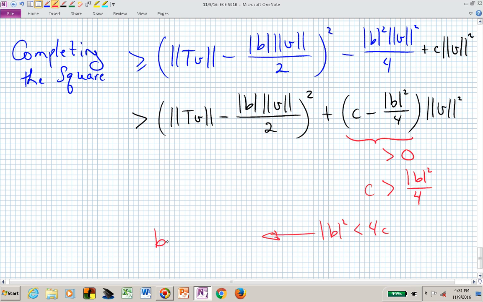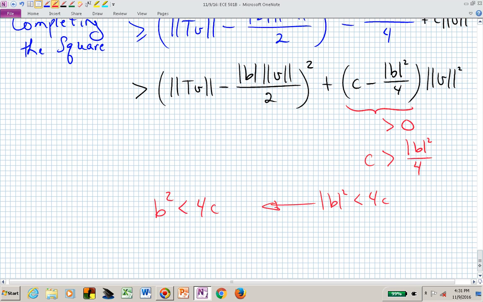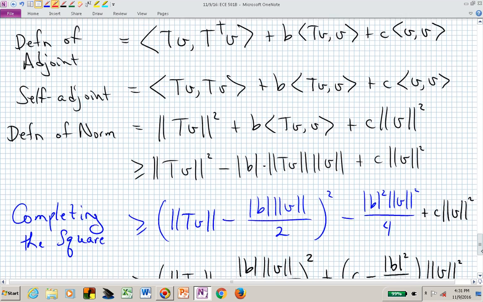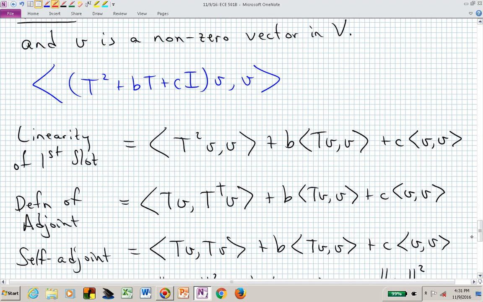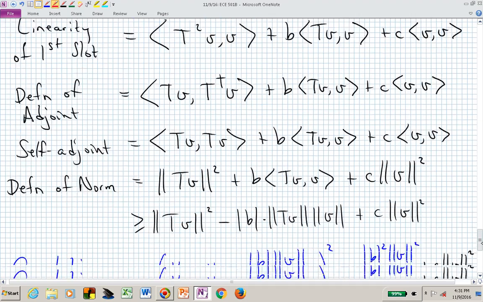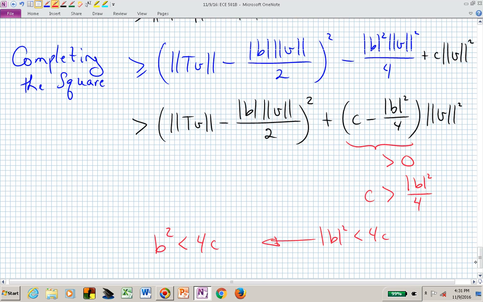So I have b squared is less than 4c. What do I now know? I now know that this blue expression is strictly greater than 0 if I ensure that b squared is strictly less than 4c.